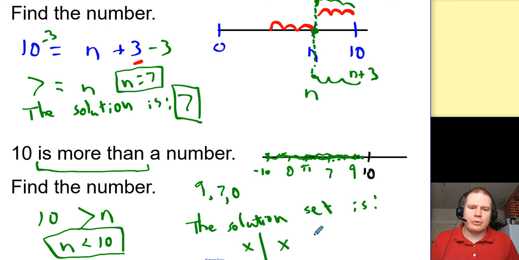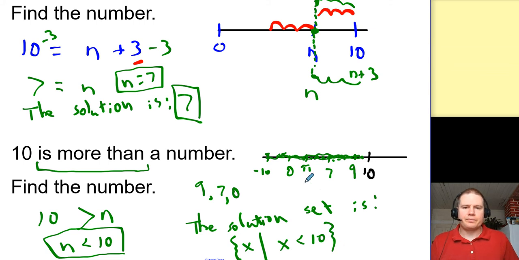What's true about this? It has to be a number less than 10. Any number that fits this condition is going to be one of the elements of our set, and we say that's a set by putting braces around it. Now, that's somewhat advanced. We haven't really gotten into set theory, but this is one way to represent the set.